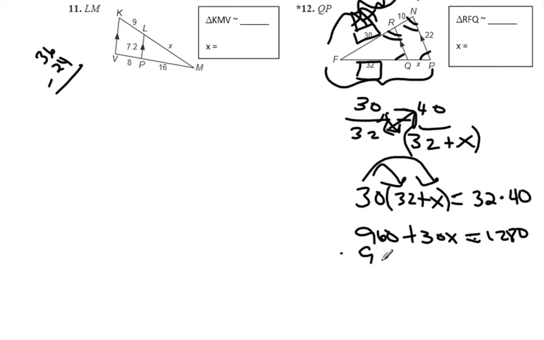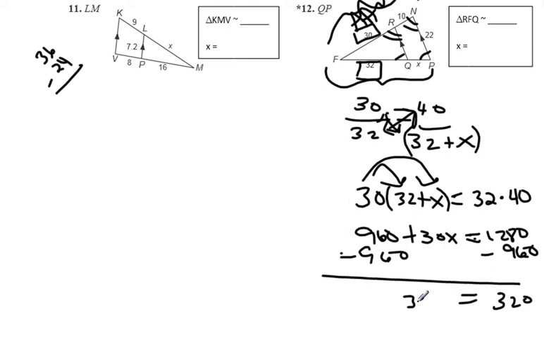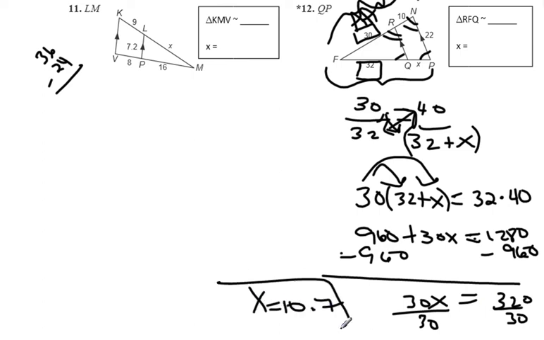I'm going to subtract 960 from both sides of my equation. 1280 minus 960 gives me 320. That equals 30x. Divide both sides by 30. Gives me 10.67, which I'll just say 10.7, rounding to the nearest tenths.